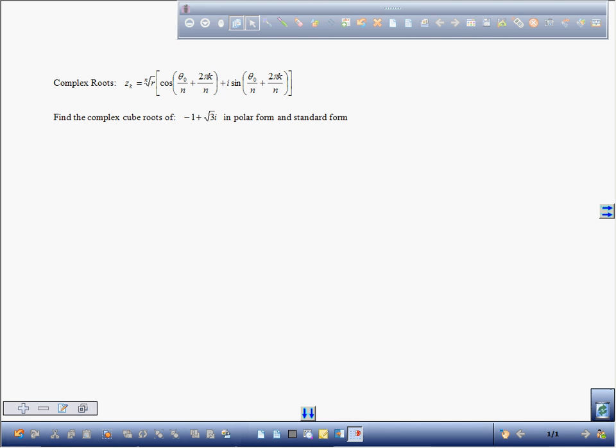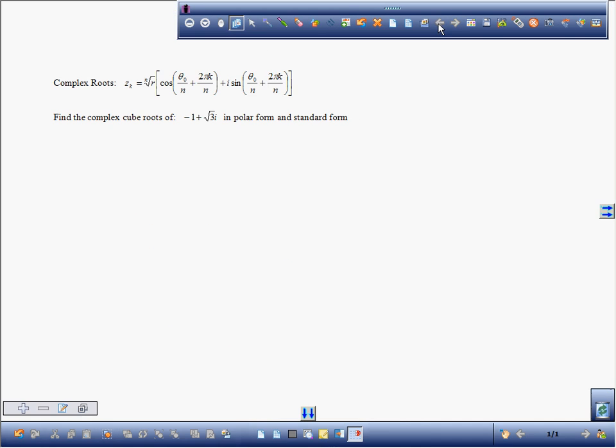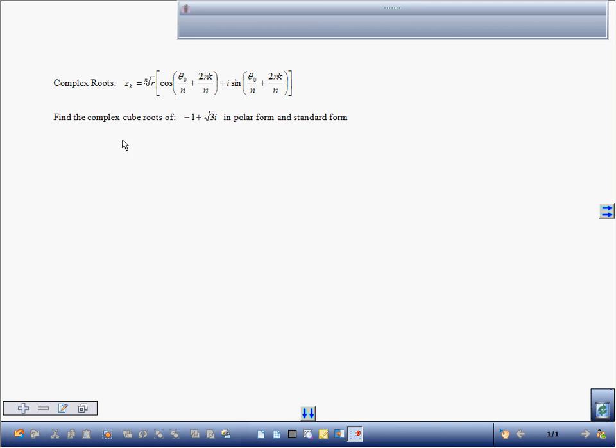So it's just kind of going backwards from what we did with it the other day. What they say is find the complex roots of -1 plus root 3 i.